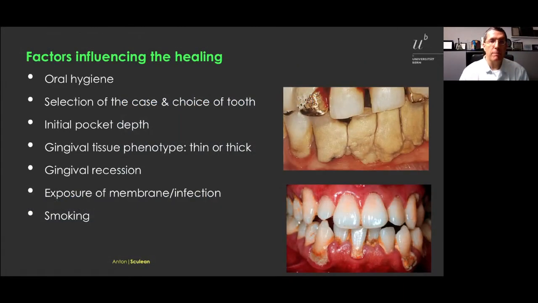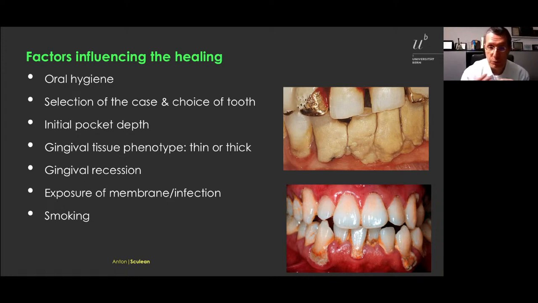Okay, but keep in mind the factors that influence the healing. Which are those? Oral hygiene, very important. I would never perform such a surgical procedure in a patient that doesn't have a plaque control below 20-25%. Okay, so select the case, select the tooth, please. Then of course the gingival phenotype is very important.